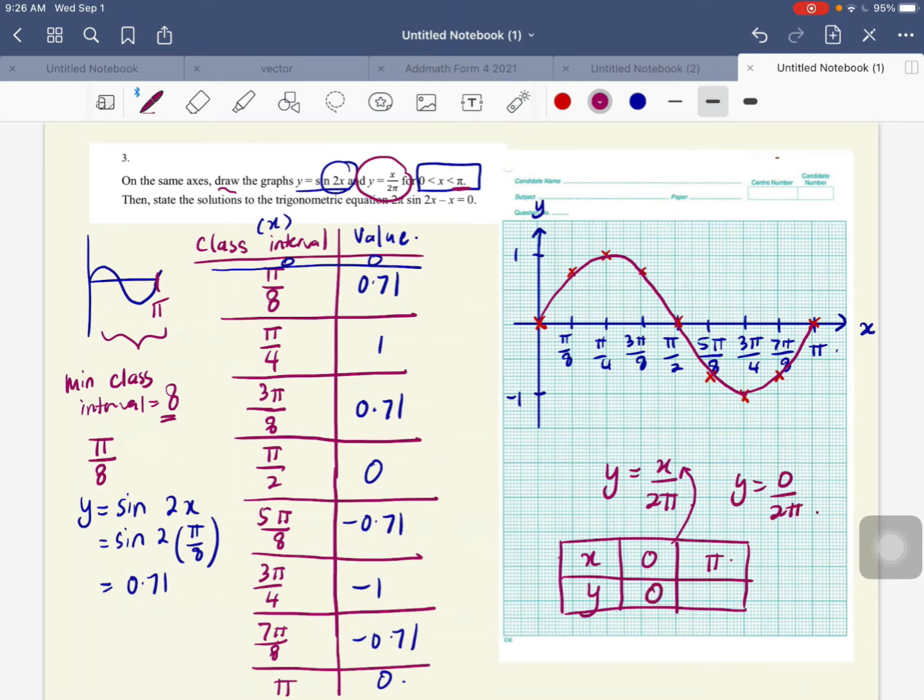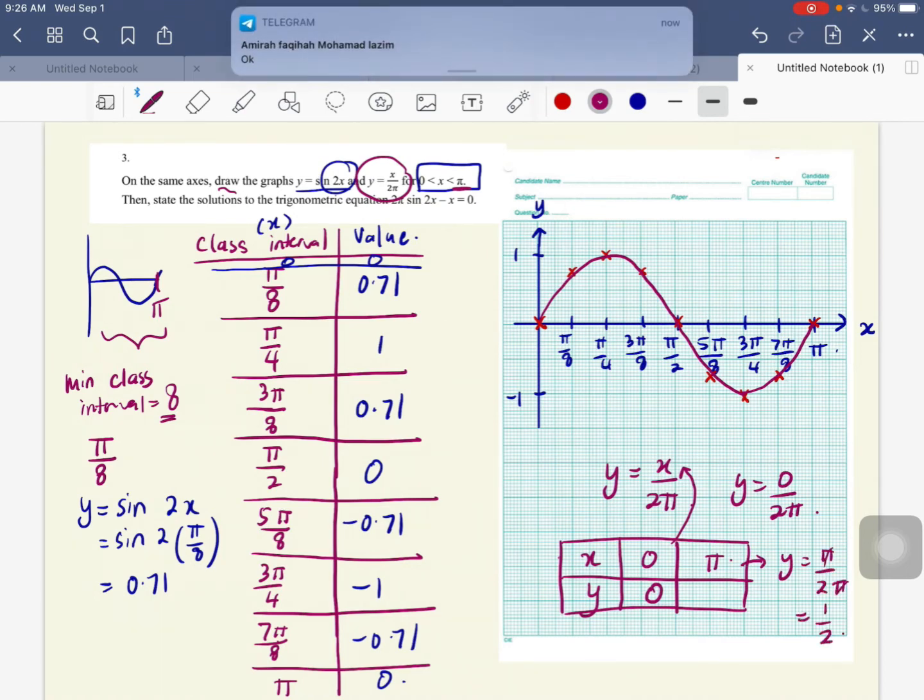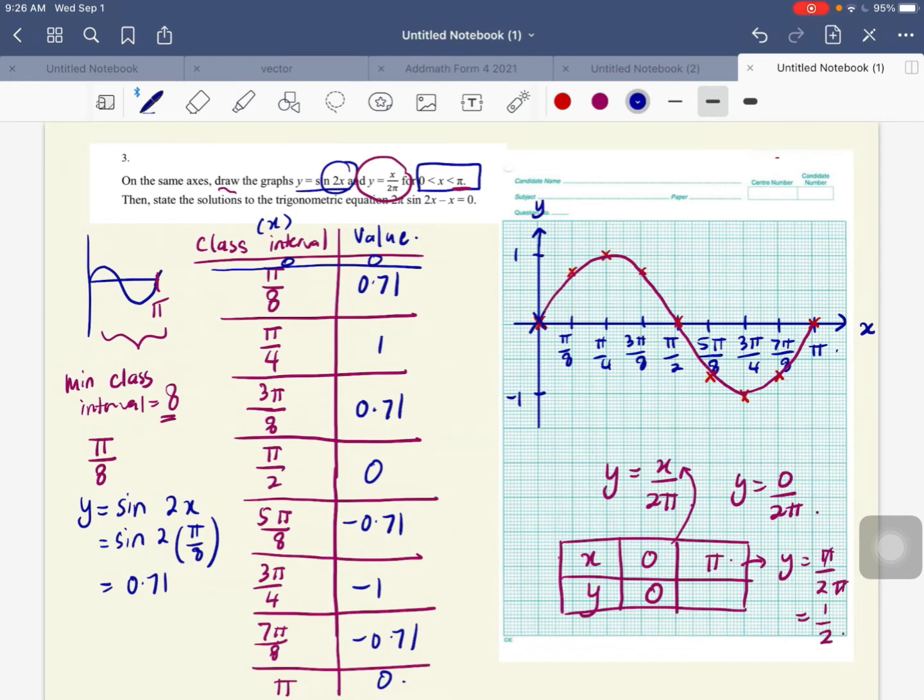If I substitute pi into this formula, I get 1 over 2. I'm plotting this again using another color. 0 and 0 is here, and pi gives 1 over 2, which is 0.5, here.